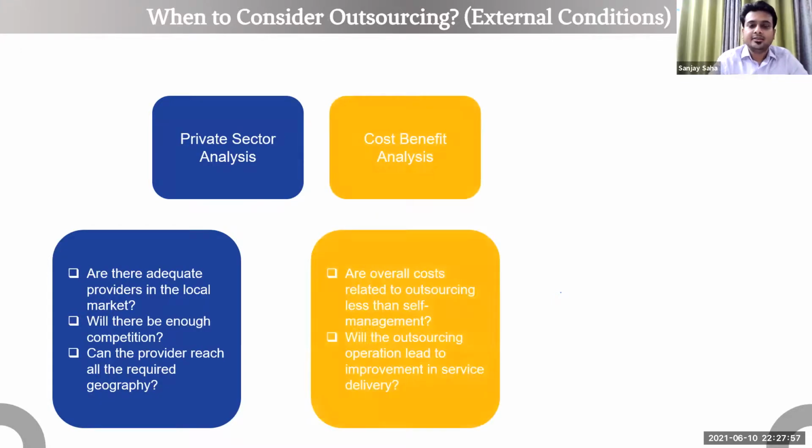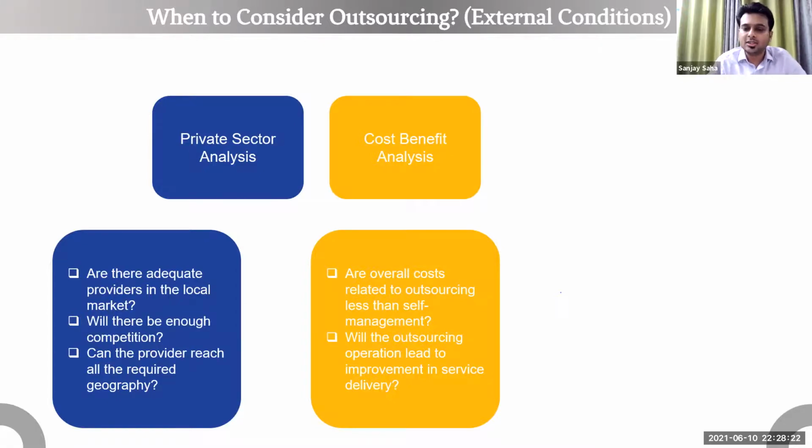Okay, second thing is the cost benefit analysis. Now, this is a key thing, because if outsourcing has to have some sort of value to the organization, it can either have a value in terms of service, or it can have a value in terms of cost.